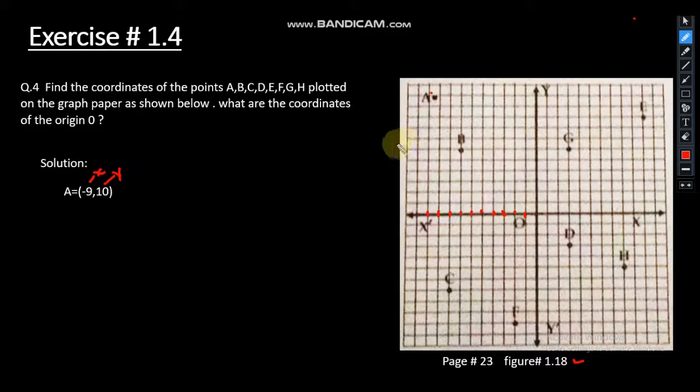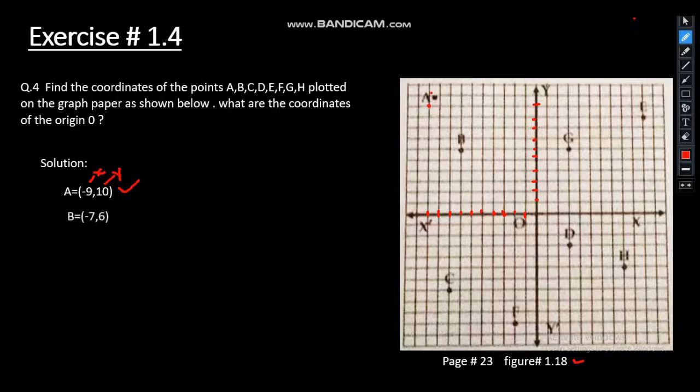This is the value of x. Now the value on the y-axis: 1, 2, 3, 4, 5, 6, 7, 8, 9 and 10. 10 is here, so we can write 9 on the x-axis and 10 on the y-axis. So it is in the second quadrant. We can write the answer for A in this form.